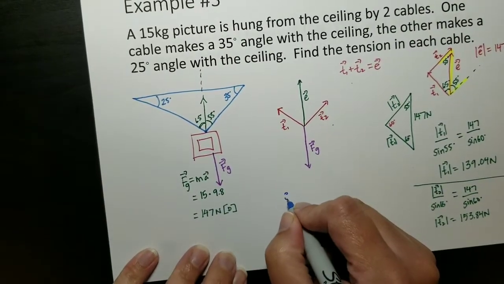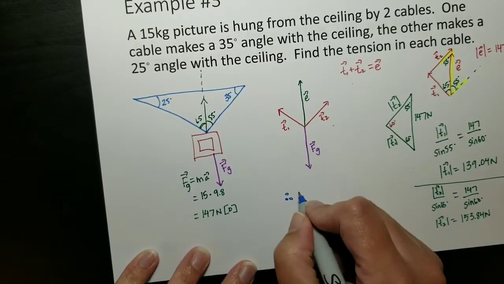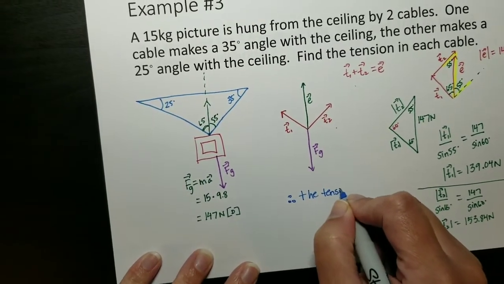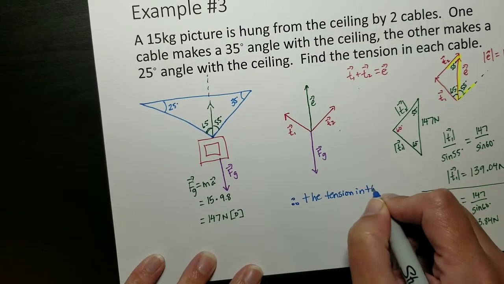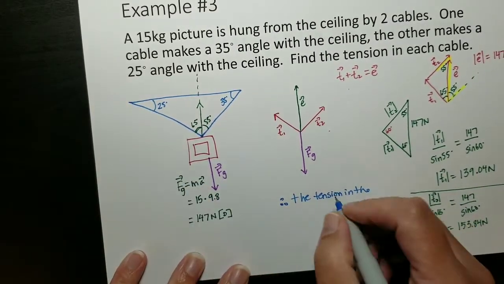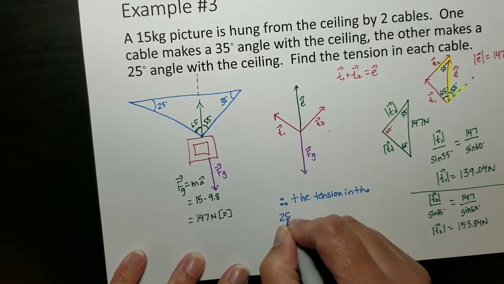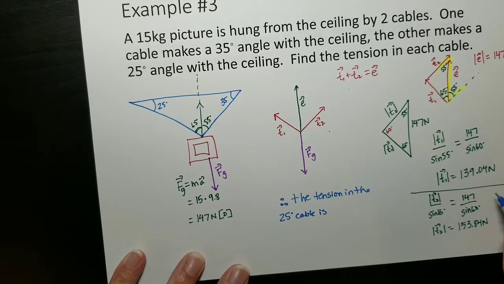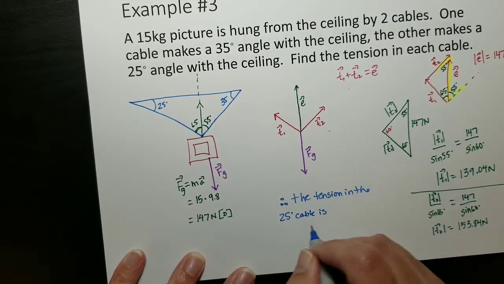So therefore, the tension in the, my T1 was the one at 25 degrees, is 139.04.